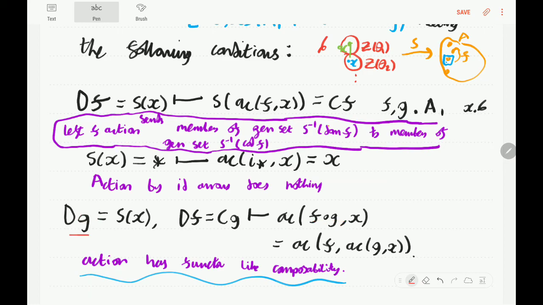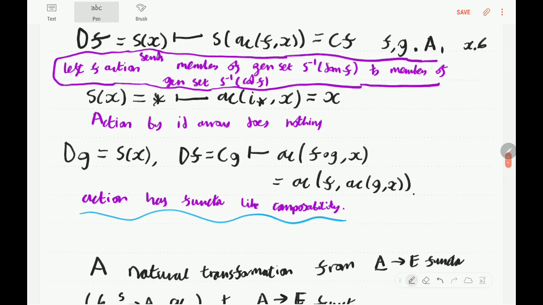Okay, so we want to have that when the sort of internal type of X is that of the domain of G, and the codomain of G is the domain of F, then we want to have that doing the action using F after G on X gives us the same result as doing the action with F on what we get if we do the action of G on X. So there we have it.